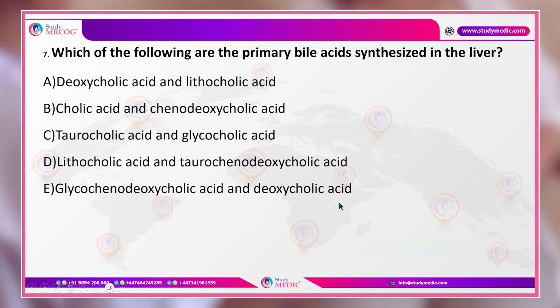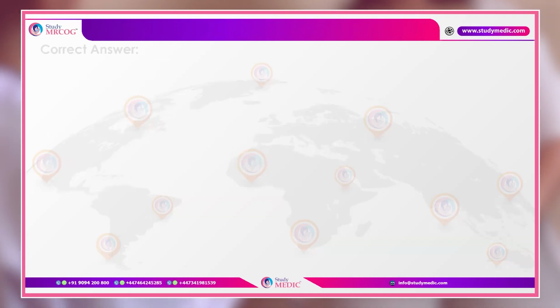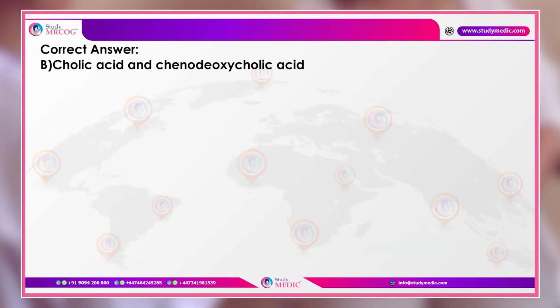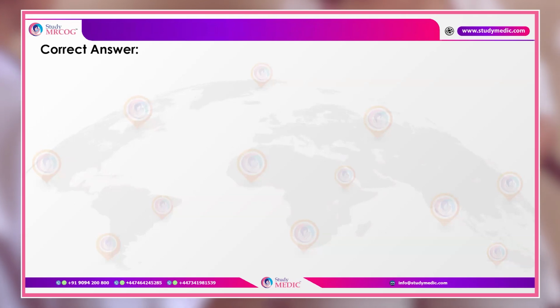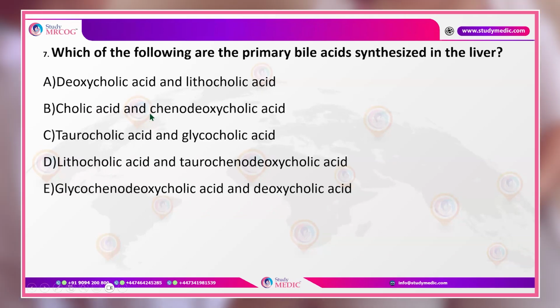Please note, they are asking about primary bile acids, the bile acids synthesized in the liver. So the option here is cholic acid and chenodeoxycholic acid.